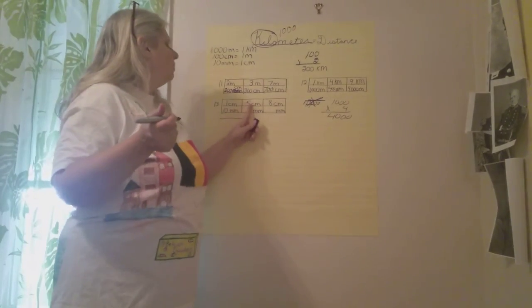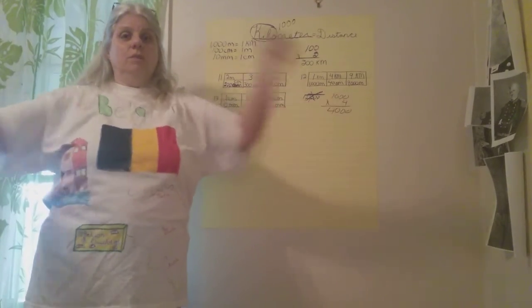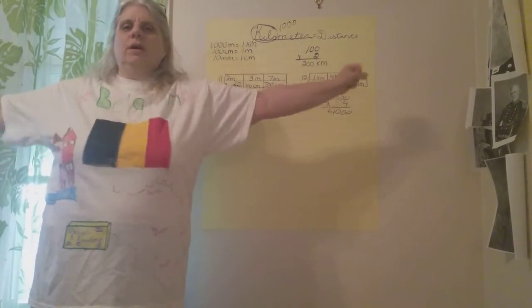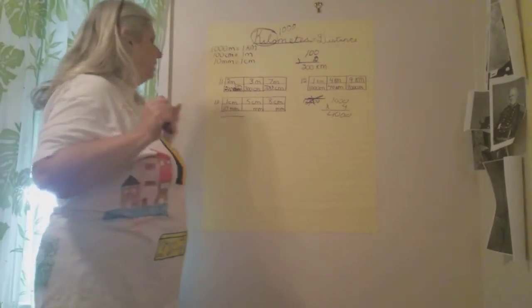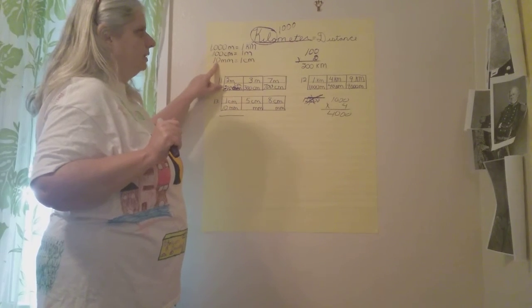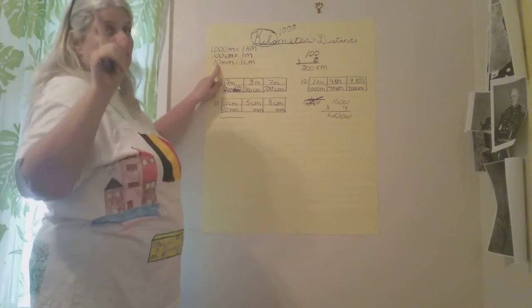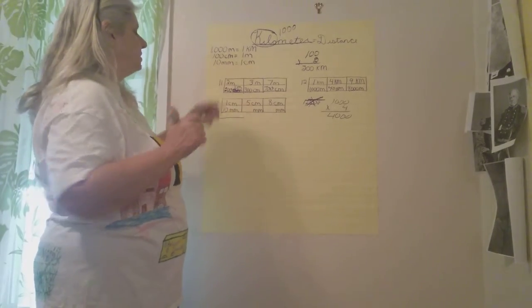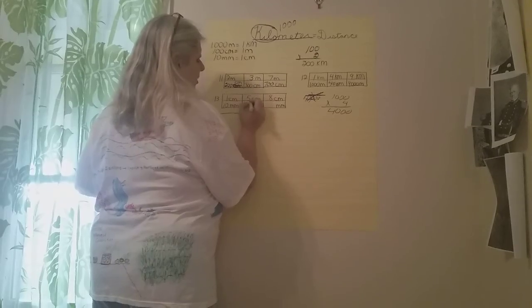Okay? Here we have 5 centimeters. And we're going to millimeters. Look, what are we doing? Multiplication. Okay? So 5 times 10. Very good, because there are 10 millimeters in 1 centimeter. So 5 times 10 equals 50 millimeters.